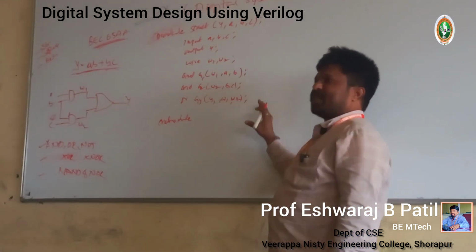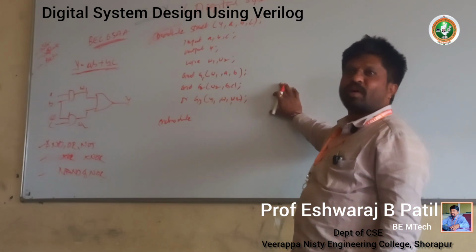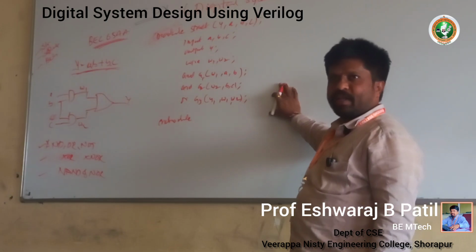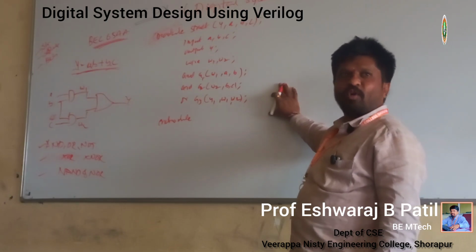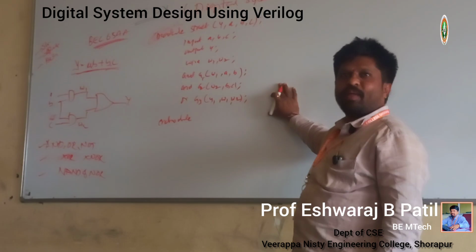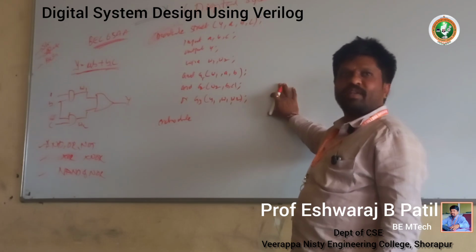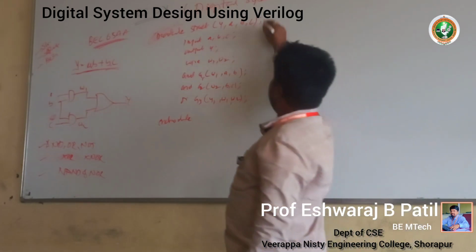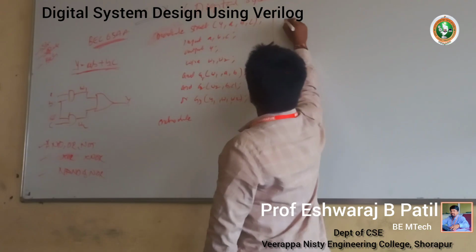This is what we are expecting, and we have written the program in the structural model completely. The same output we can also get from another type of writing the program, which we call the data flow model. We'll write that one also.